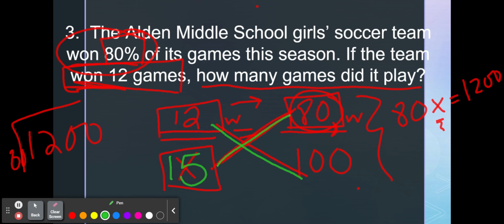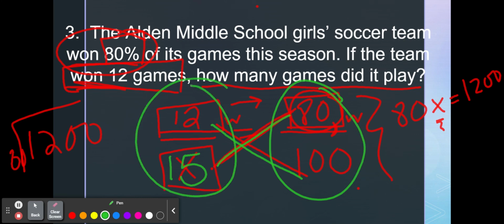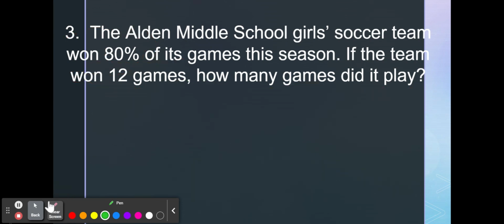Now I can go ahead and do all of the other tricks that I know to see if they're equivalent. So if I simplify this, it will simplify to the same thing as this. So you're now seeing that percents are just another form of equivalent ratio, but we're doing a percent as a part of 100. Okay, press pause, make sure you have everything before you move on.